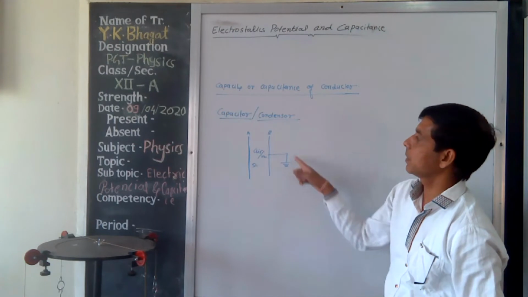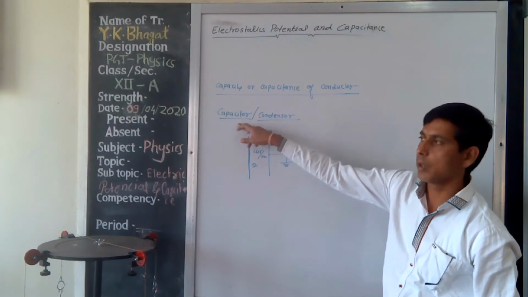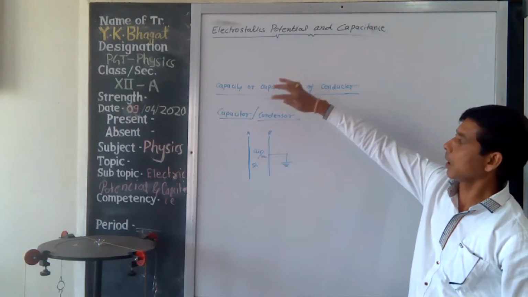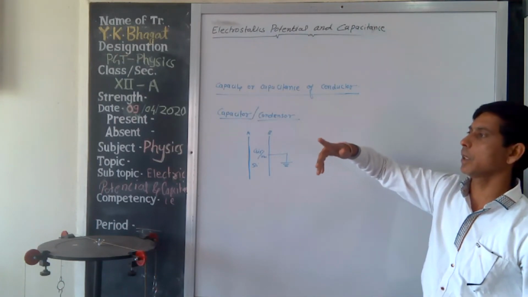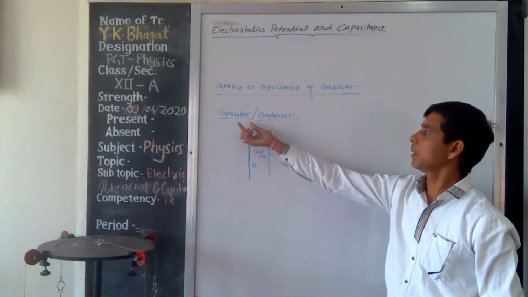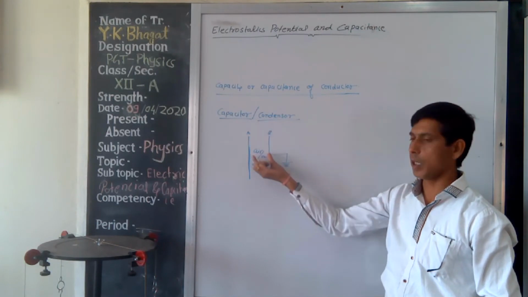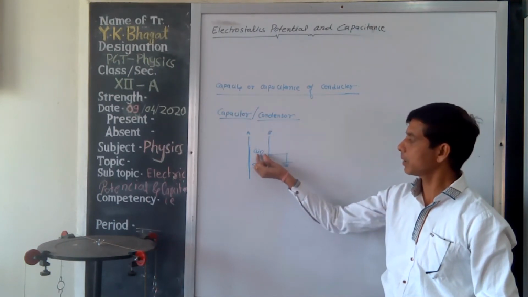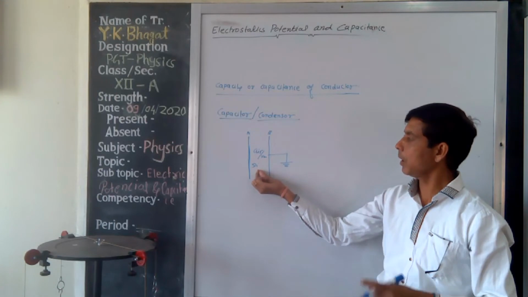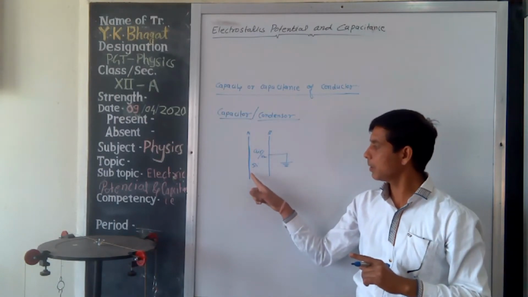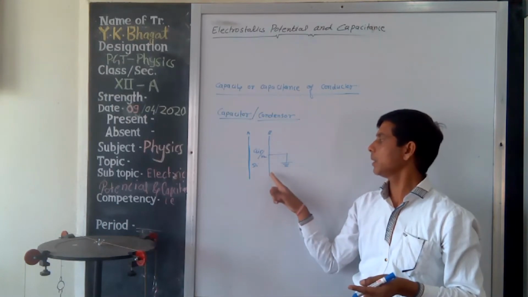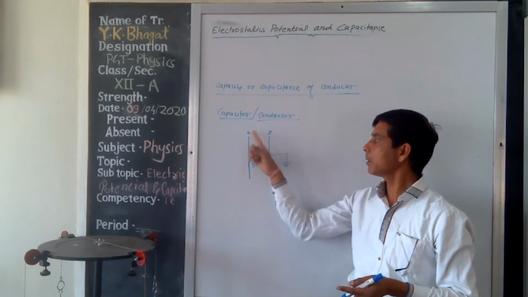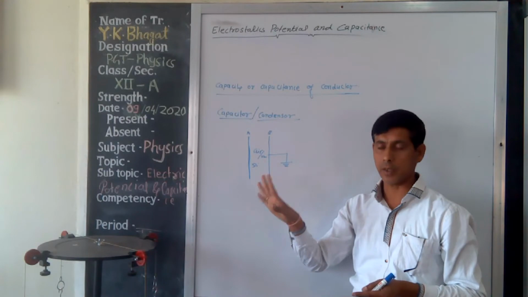This combination is called a capacitor. So the answer is: a capacitor is a combination of two conductors separated by some dielectric medium, in which one conductor is insulated and charged, and the other is earthed.